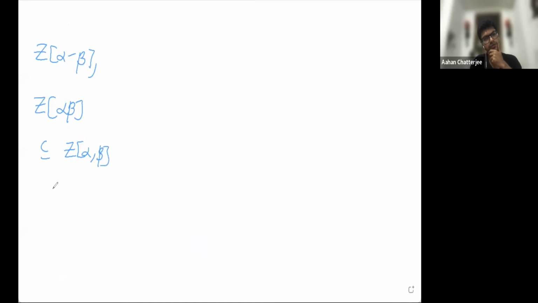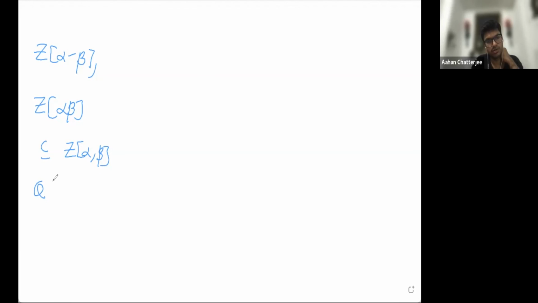So we already have that Z[alpha minus beta] and Z[alpha beta] are subrings of Z[alpha, beta]. If a subring of a finitely generated ring were also finitely generated, then we would be done.